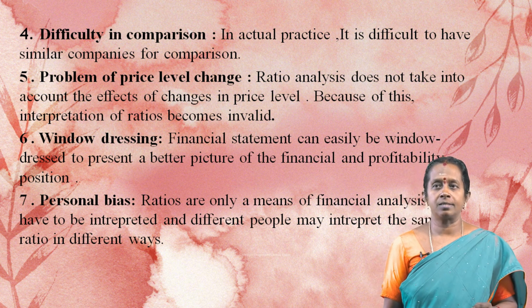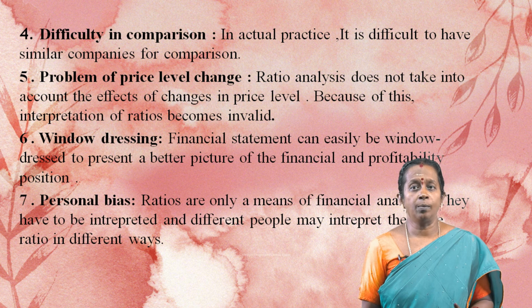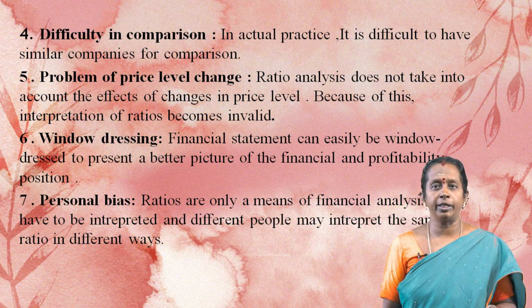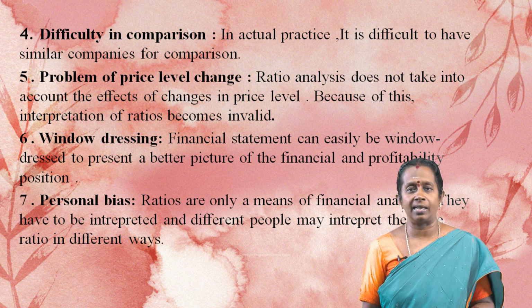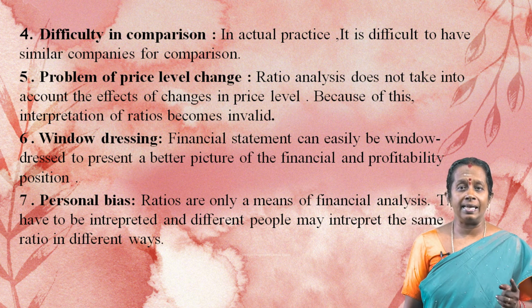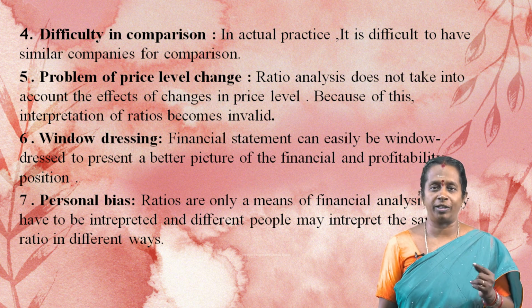Next one, difficulty in comparison. In actual practice, it is difficult to have similar companies for comparison. Next one, problem of price level changes. Ratio analysis does not take into account the effect of changes in price level. Because of this, interpretation of ratios becomes invalid. Next one, window dressing. Financial statements can easily be window dressed to present a better picture of the financial and profitability position.